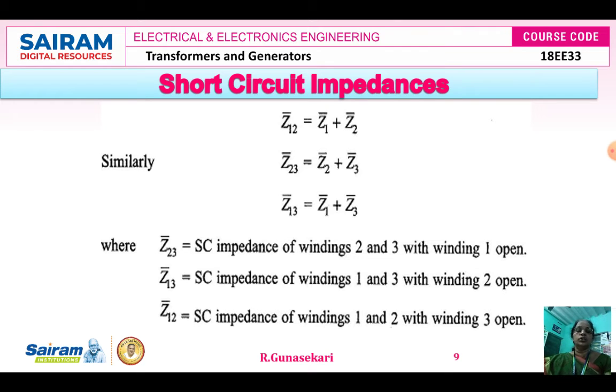Similarly, Z23 vector equal to Z2 vector plus Z3 vector. Z13 vector equal to Z1 vector plus Z3 vector, where Z23, Z13 and Z12 are nothing but the short circuit impedances of windings 2 and 3 with winding 1 open, 1 and 3 with winding 2 open, and 1 and 2 with winding 3 open respectively.